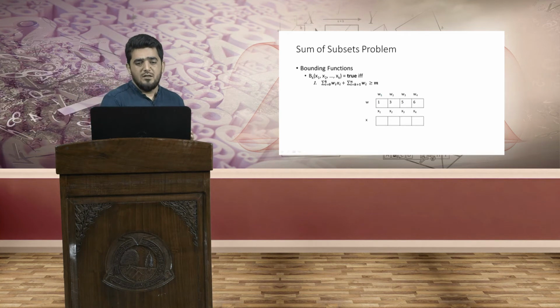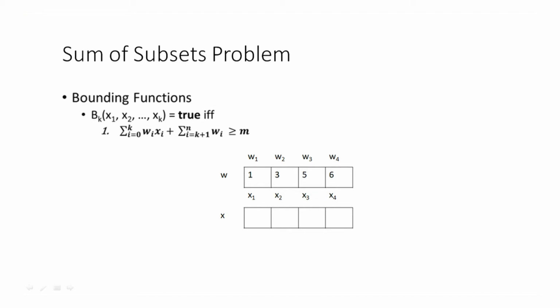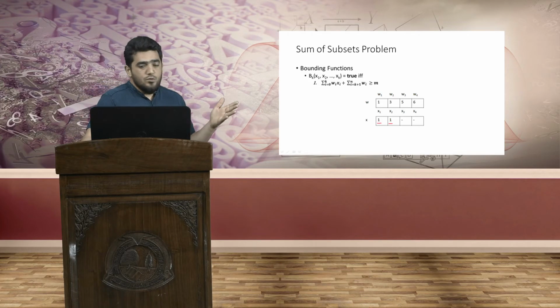As an example, these are the input weights that we have. This is the weight vector: weight 1, weight 2, weight 3, weight 4. In our earlier example, we took weight 1 equal to 1, weight 2 equal to 3, weight 3 equal to 5, and 6, and so on and so forth. Now, let us suppose for the time being we are at weight number 2, so k is equal to 2 in our case, and we have considered these weights. Weight 1 is considered, and weight 2 is also considered. We will continue using this path to search for a solution path only if this condition is satisfied.